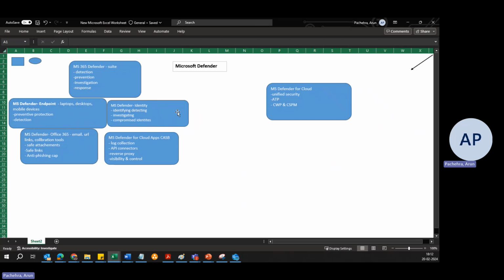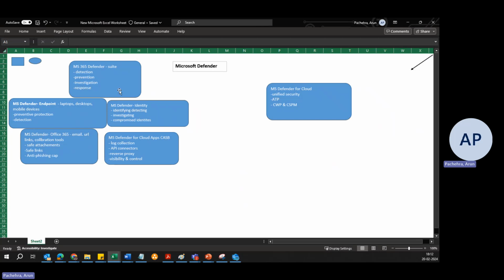And of course, it helps with cloud identities as well. So, a CASB, the cloud access security broker, gives you visibility into your cloud application services. All these fall under this suite. Together these components provide a cohesive security posture that safeguards an organization's Microsoft 365 environment from endpoints to email, identities, and cloud applications. All right.